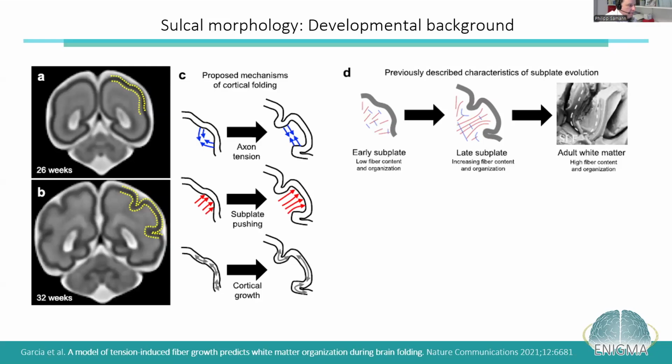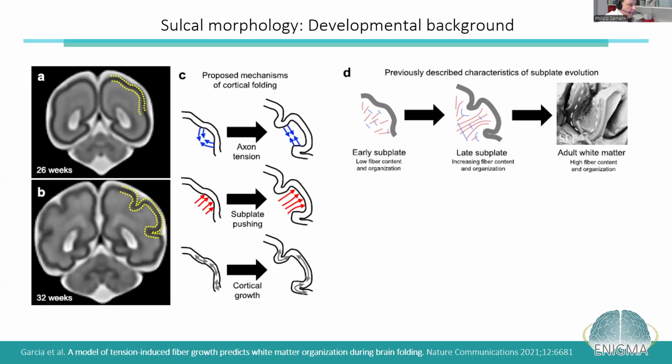On one hand, there is tension coming from axons that develop, and they pull together the basis of the gyrus. And there's also pressure coming from inside the brain, pushing out the subplate and trying to move tissue into the gyrus. And there's cortical growth, which also expands the gyrus and creates mechanical forces that fosters the generation of sulci and gyri.